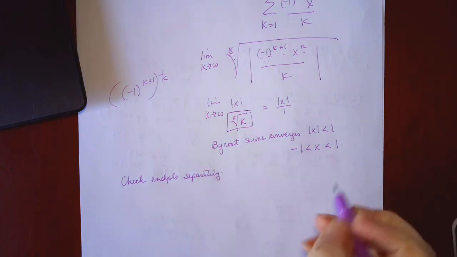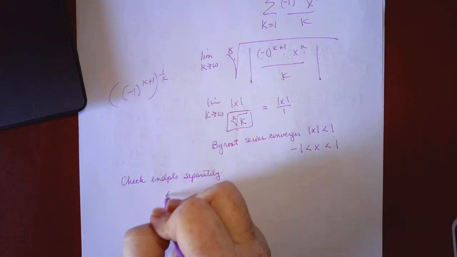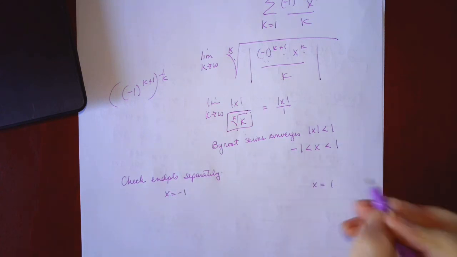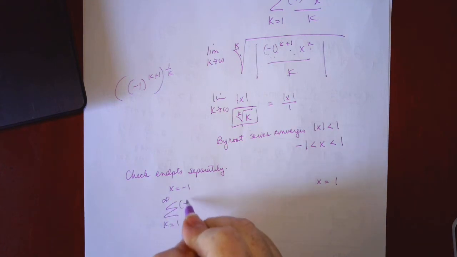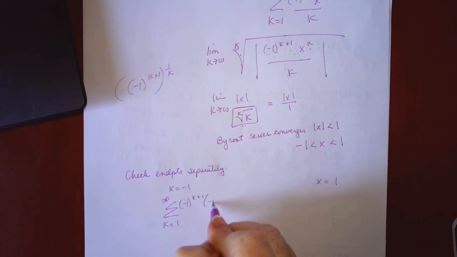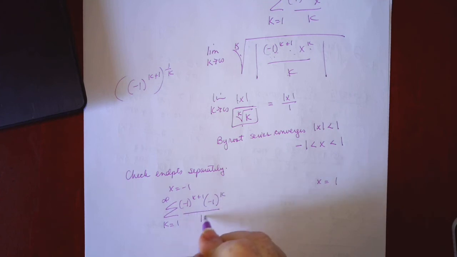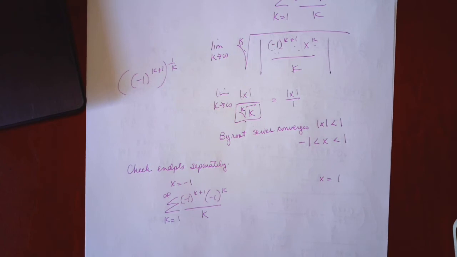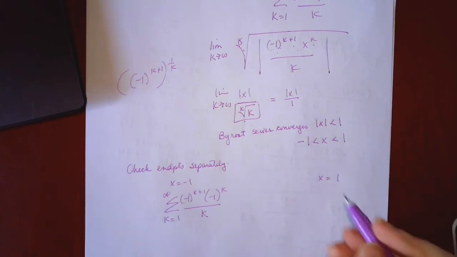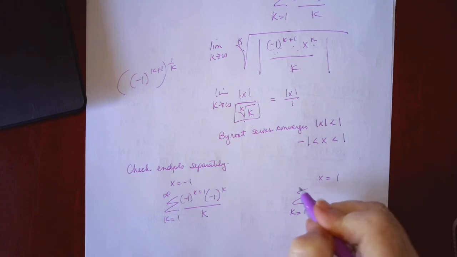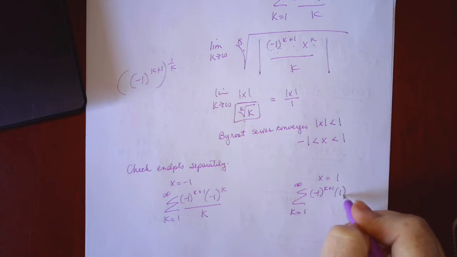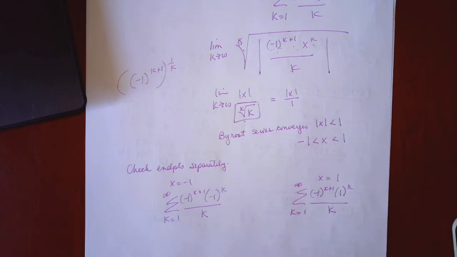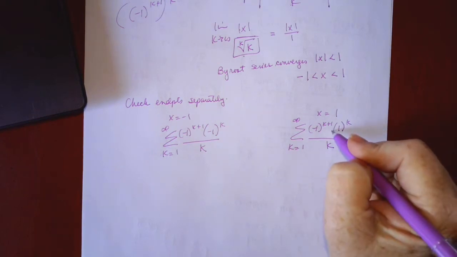Okay? So when we plug in x equals -1 and x equals +1: if I replace the x with -1, I'll have the summation from k equals 1 to infinity of (-1) to the k plus 1 times (-1) to the k all over k. And if I plug in x equals +1, I will have the summation from k equals 1 to infinity of (-1) to the k plus 1 times 1 to the k over k. 1 to the k is always 1.